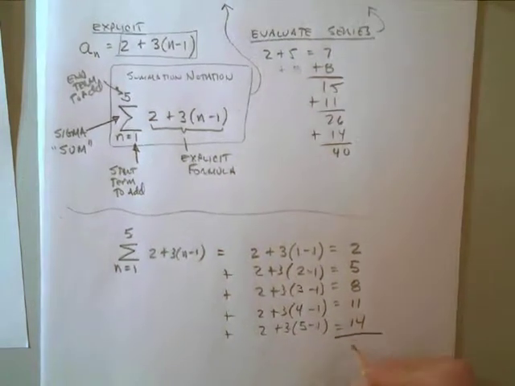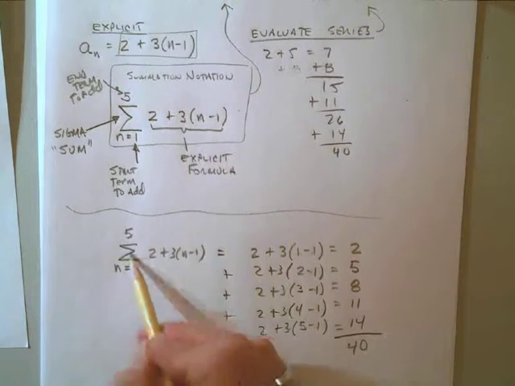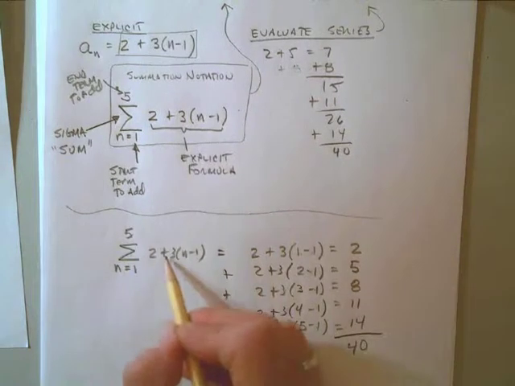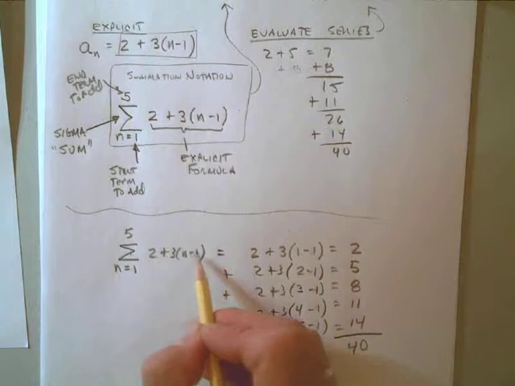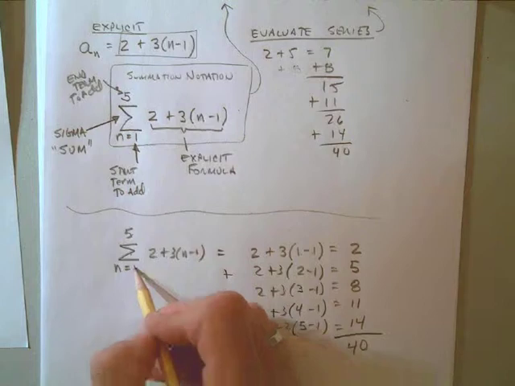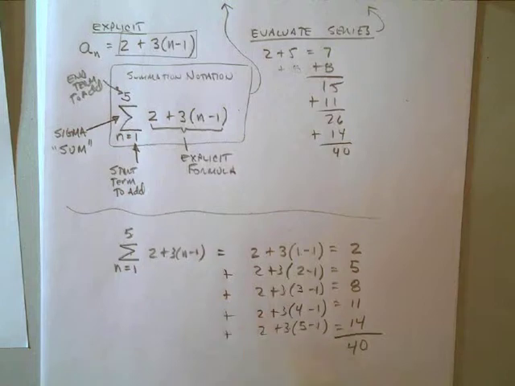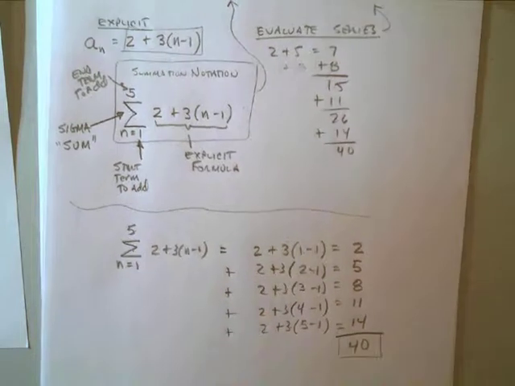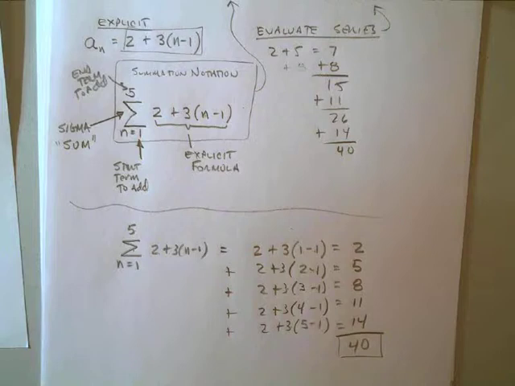And then you would add all those up, and you would get 40. So the sum of 2 plus 3 times n minus 1 for n's from 1 to 5 equals 40. And that's how summation notation works.